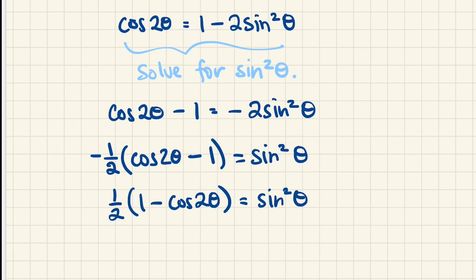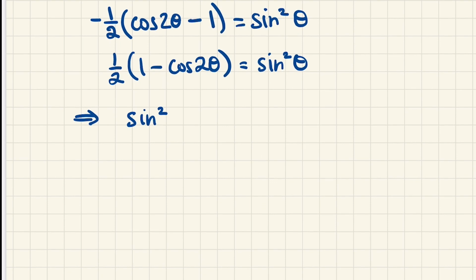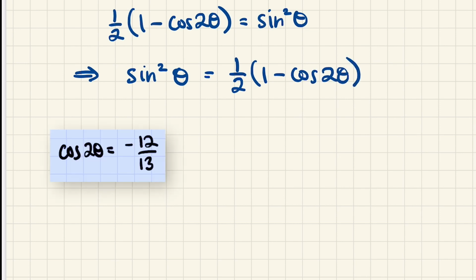All right, so let's just use the symmetric property of equality to write the sine on the left and this guy on the right. Okay, so we were given cosine of 2 theta. So let's plug that in and do our calculation. Cosine of 2 theta was given as negative 12 over 13.